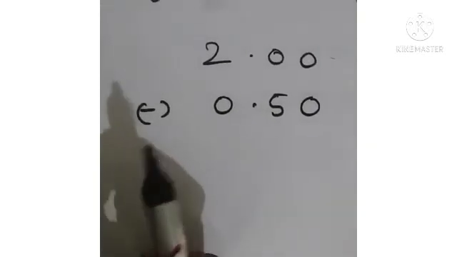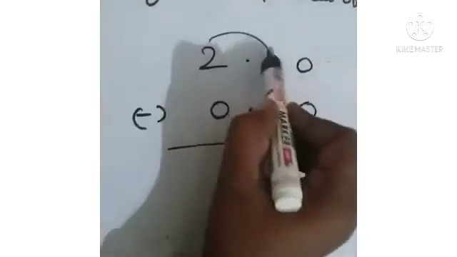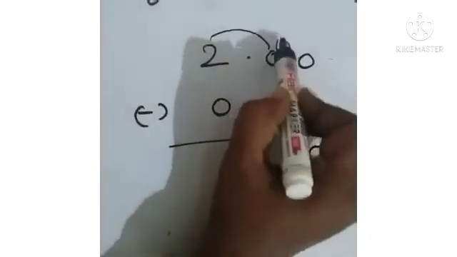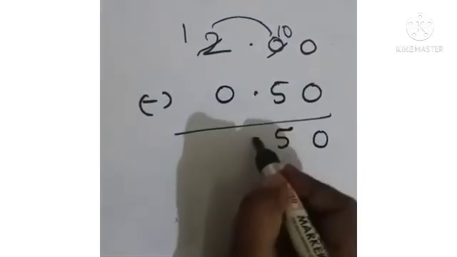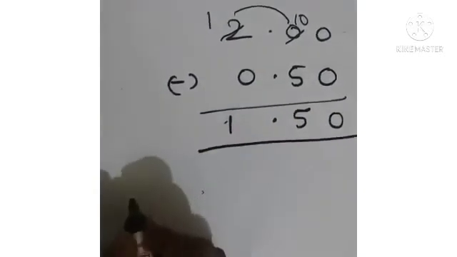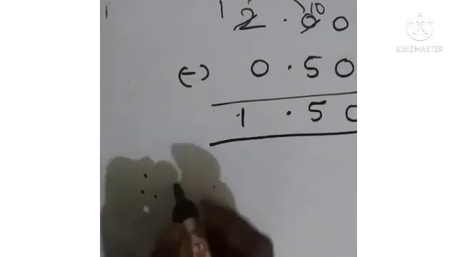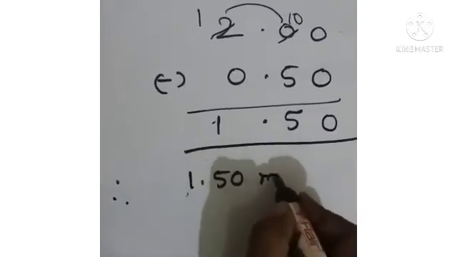Now subtract. 0 minus 0, 0. Take the borrow from the number before. 0 becomes 10, 2 becomes 1. 10 minus 5, 5. 1.5. So how much remains? 1.50 meters.